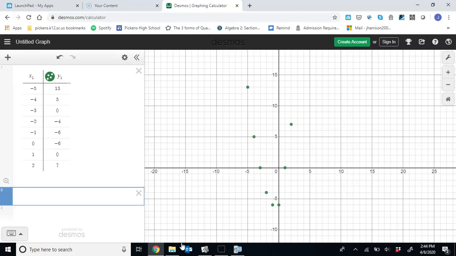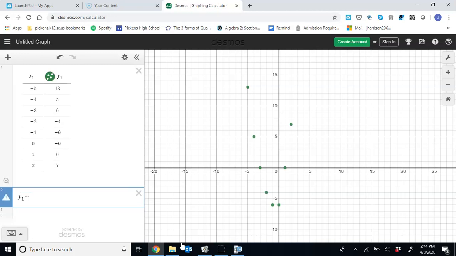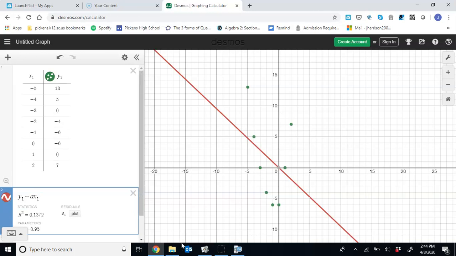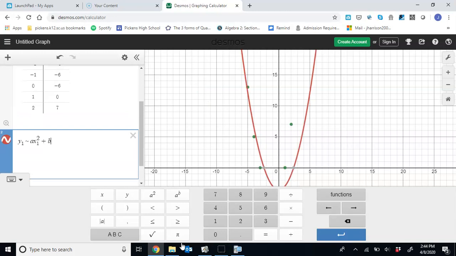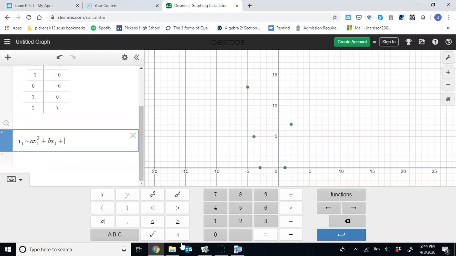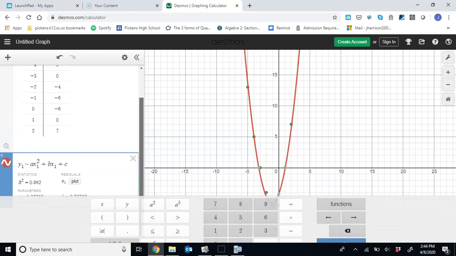So when I go to my equation here, when I type in y1 with my approximation symbol, I'm not going to do a times b to the x. I'm going to go back to my old quadratic days and do a x1 squared plus b x1 plus c, ax squared plus bx plus c.